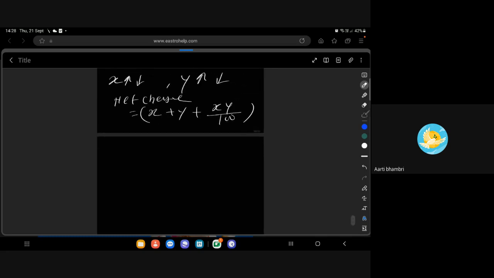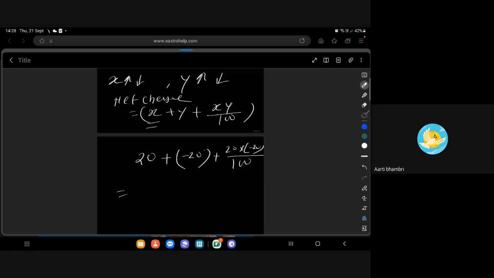If there is a decrease, then you have to give a minus sign. If there is an increase, you have to give a plus sign. Suppose in this case, the first one is a 20% increase. So plus 20, then there is a decrease of 20%. So minus 20. Okay, plus x into y means 20 into minus 20 by 100.